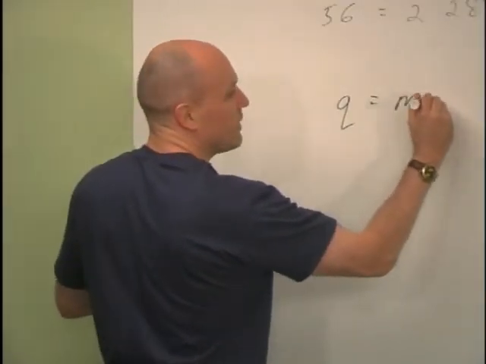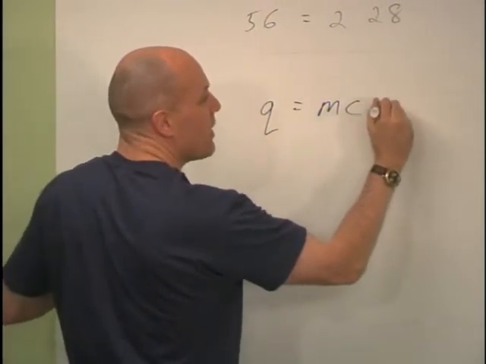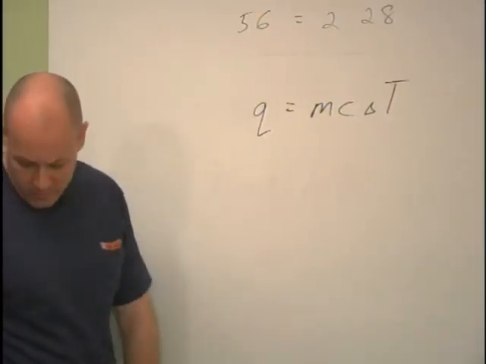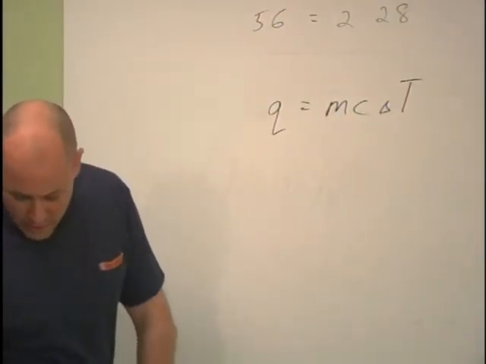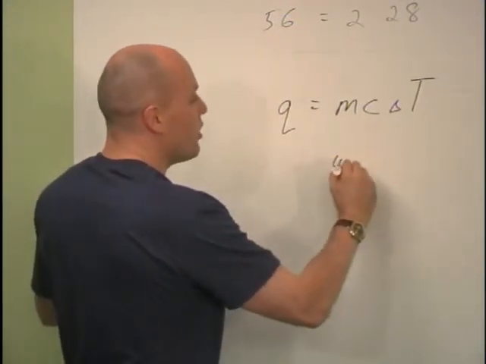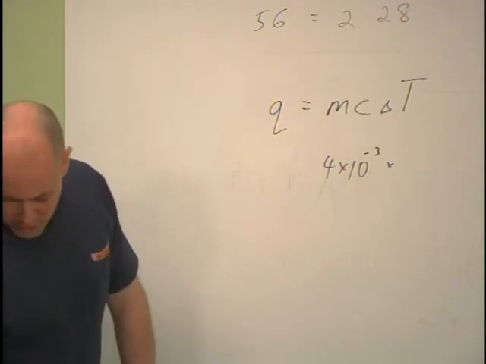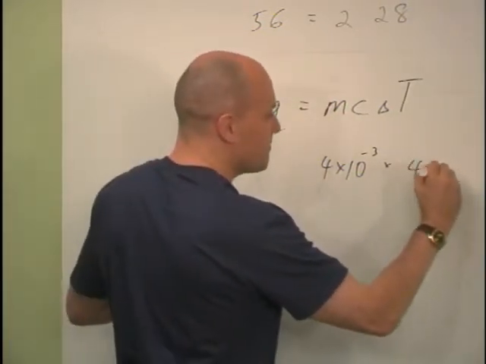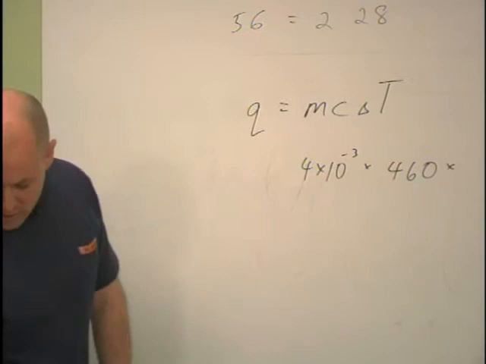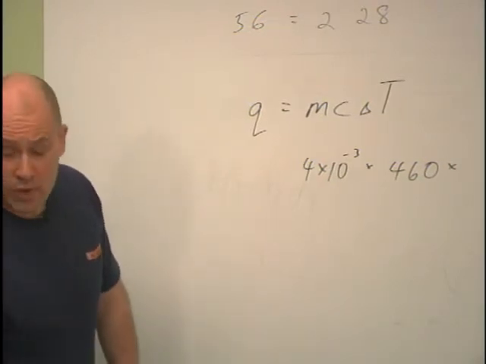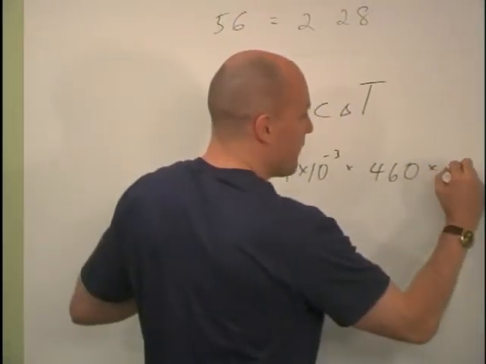Q equals, and I say MCAT, it's really MC delta T. And then they've given us M is 4 times 10 to the negative third. C, they gave us in the question, is 460. And then delta T is 200, from 373 to 573.